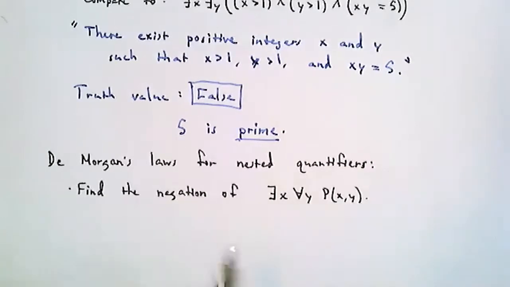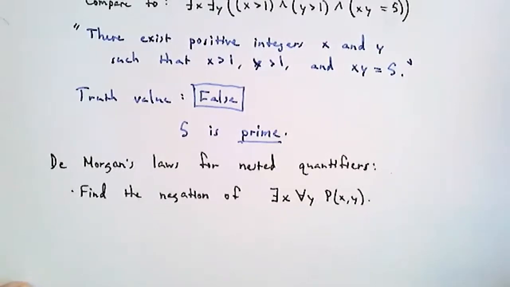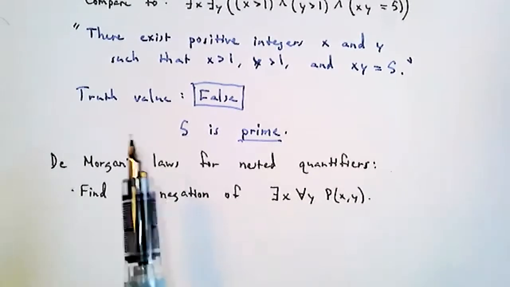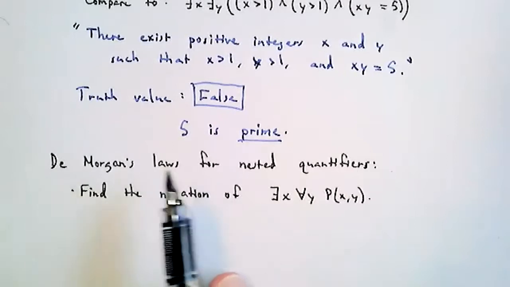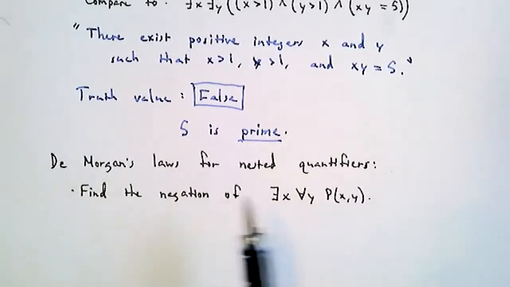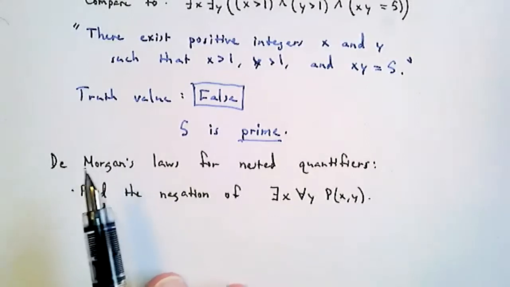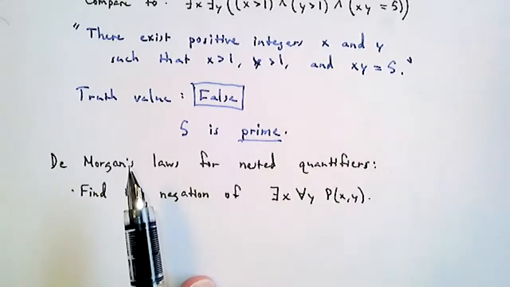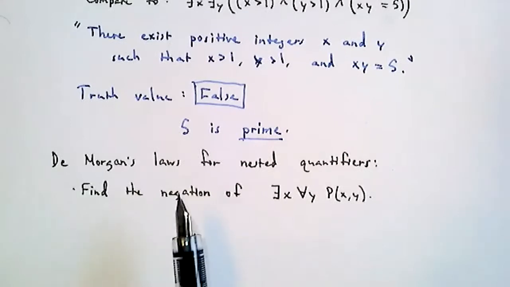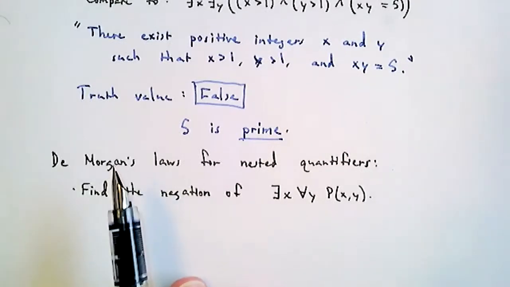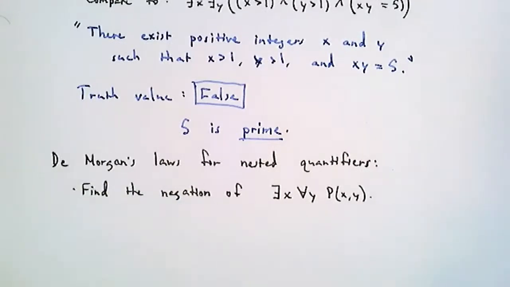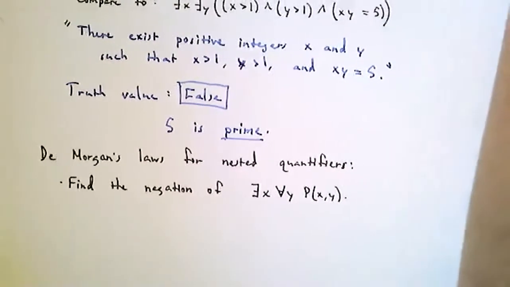Okay, so to move on to the last topic that we need to talk about, which is how De Morgan's laws relate to nested quantifiers. You might remember from last section, De Morgan's laws tell us what happens if you add negations to quantifiers, or to and and or statements.